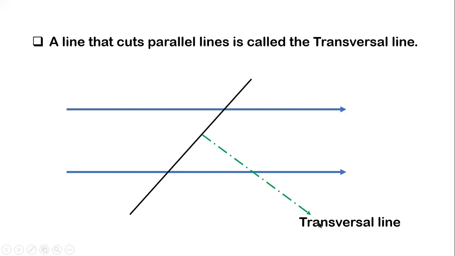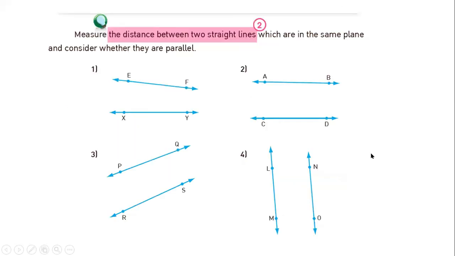This is a line that cuts through two or more parallel lines. And this transversal line is a very, very important line in this topic of parallel lines. We are going to understand the importance of this line as we go further to deal with parallel lines.